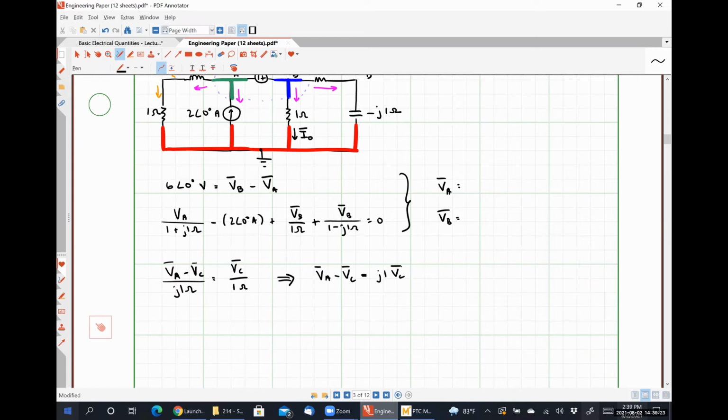Yes. All right, so now I'm going to put VA on one side. And so I have VA is equal to VC plus J1 VC.